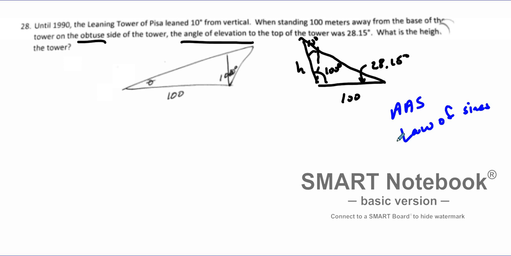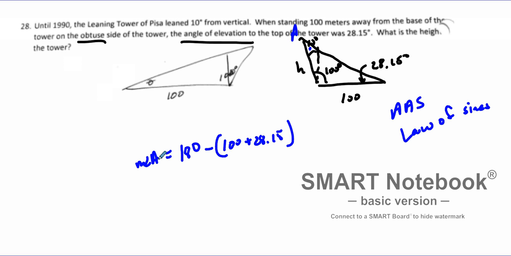We will have to find this angle by taking 100 plus 28.15 and subtracting that from 180, and we're going to call this angle A. We're going to use that to help us figure out the measure of angle A.